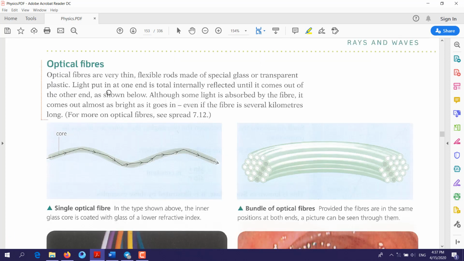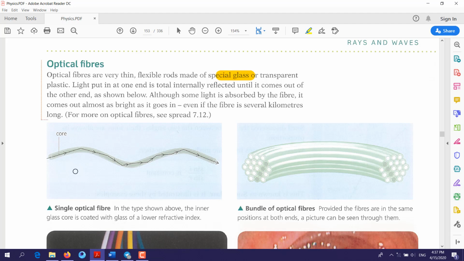Optical fibers, of course, all of you heard about optic fibers or optical fibers. What do you mean by optical fibers? This is an optical fiber. It's made from a transparent material, usually glass, special glass.